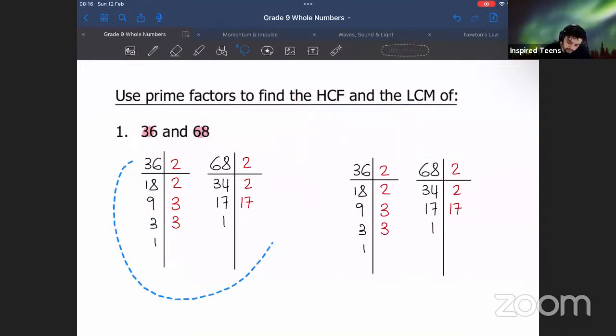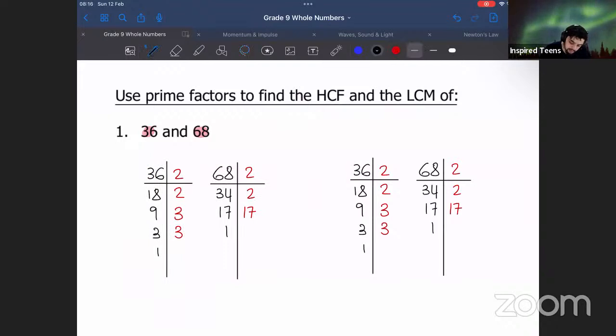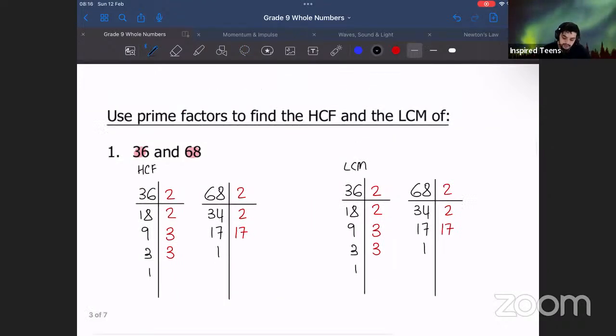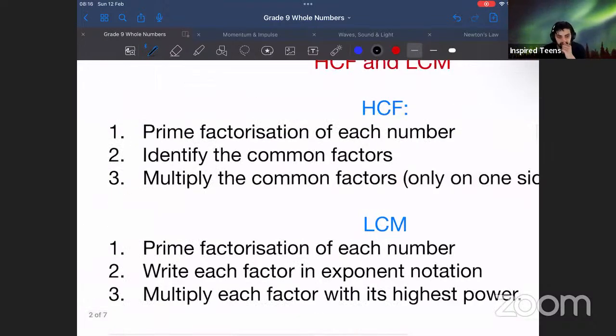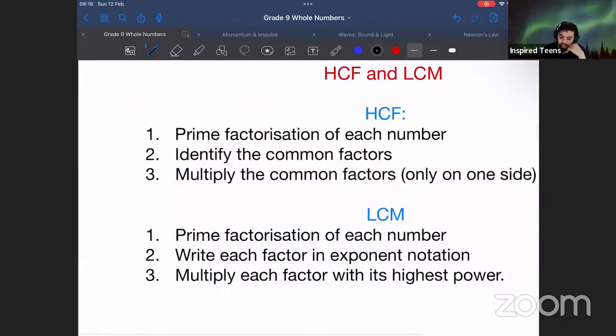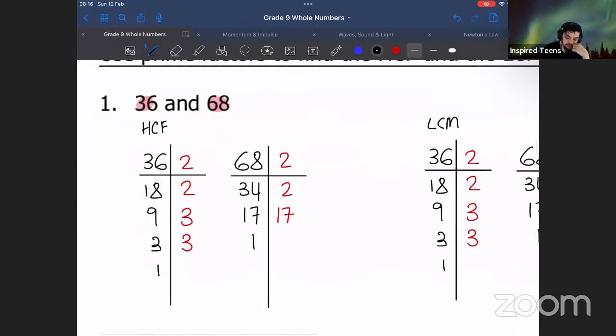Okay, so firstly we're going to do HCF, right? Now, HCF says identify the common factors and multiply the common factors only on one side. So basically what you have to do is anything that's common, you need to identify it in both prime factorization sets.